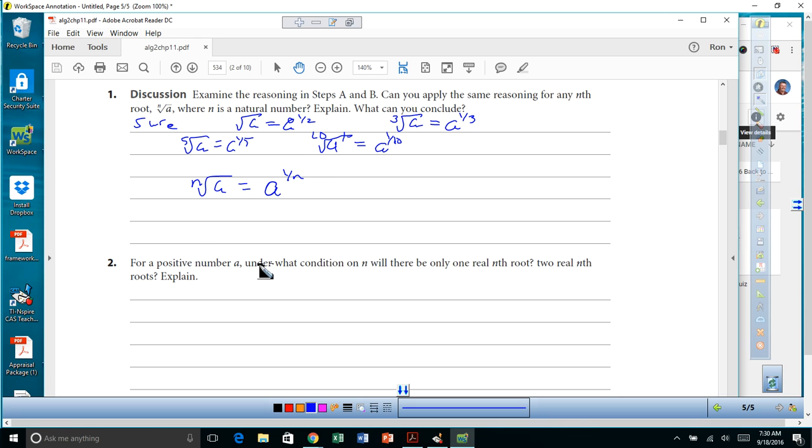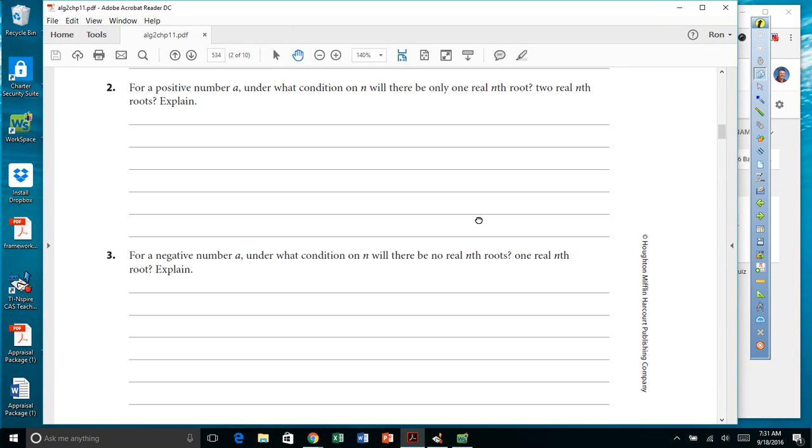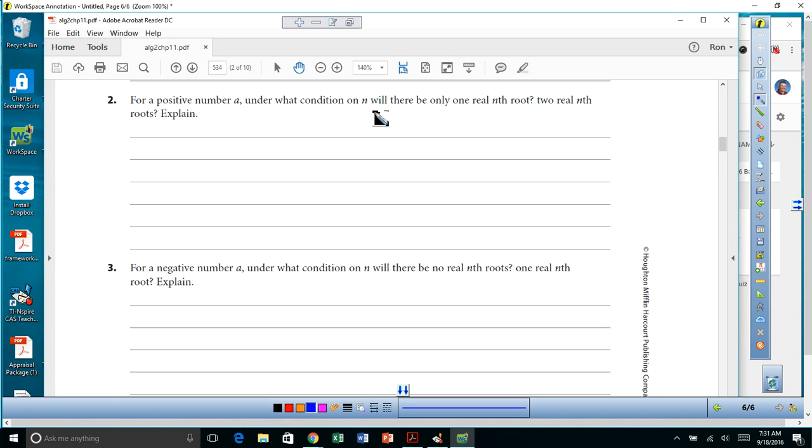For a positive number a, under what conditions on n will there be only one real nth root?